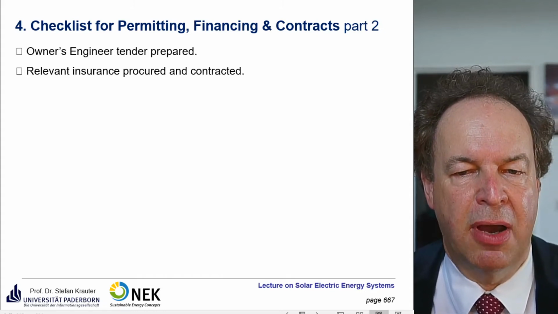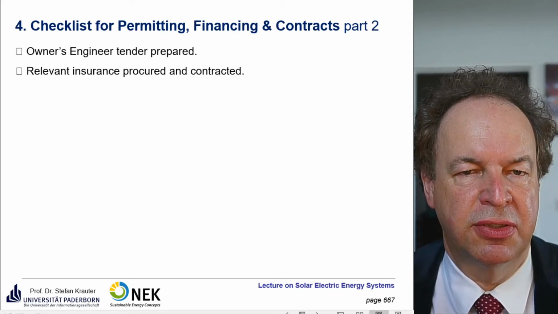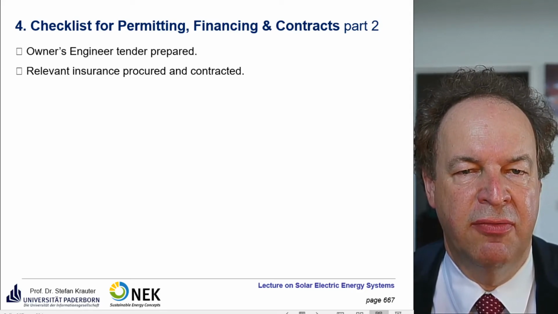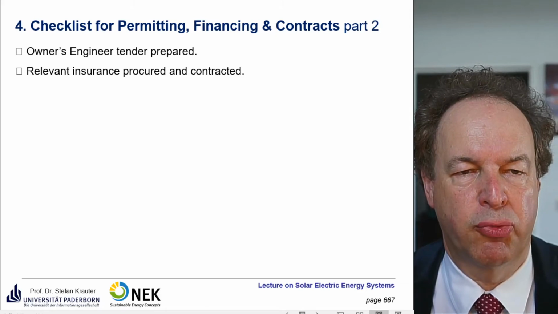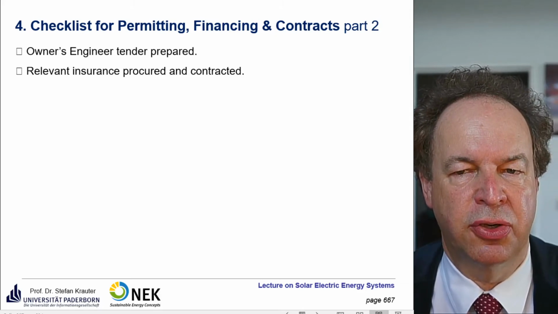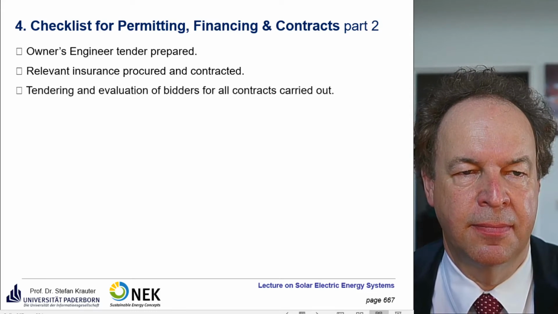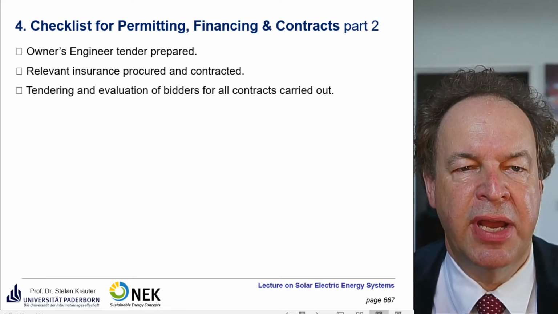What happens then with the power plant? Is there insurance or not, and so on. This is all to be evaluated or procured and then finally contracted. Tendering and evaluation of bidders for all contracts carried out.